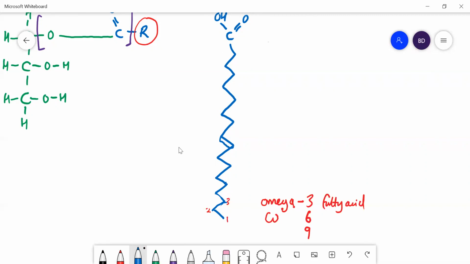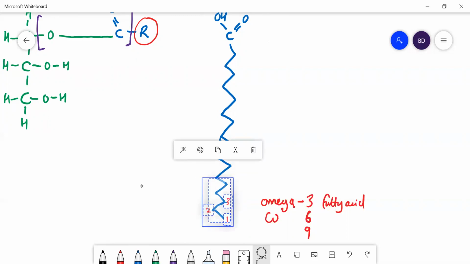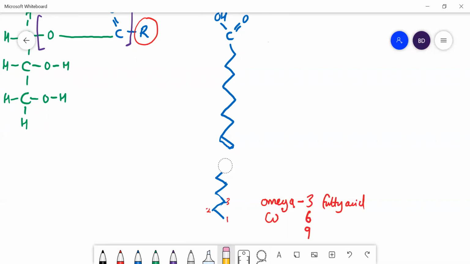Now if I put a double bond in there, something interesting happens: it produces a kink in the molecule. So I'll rub that out. And you find that a kink is introduced into the molecule.